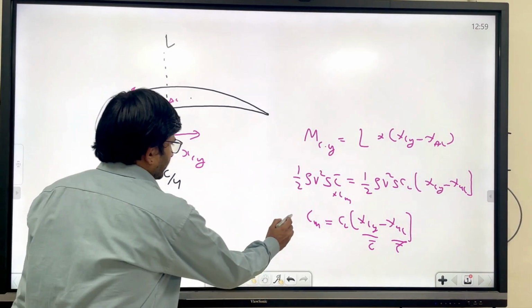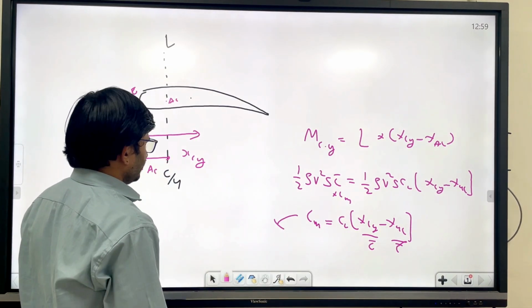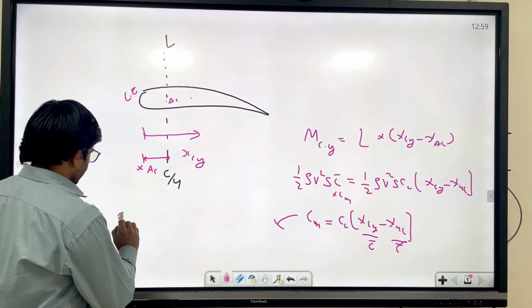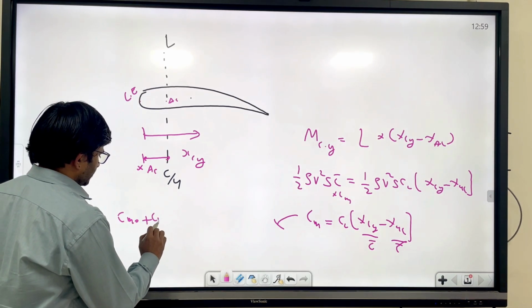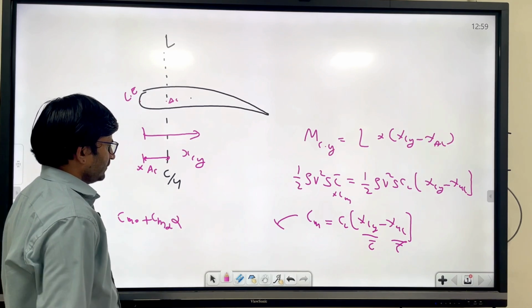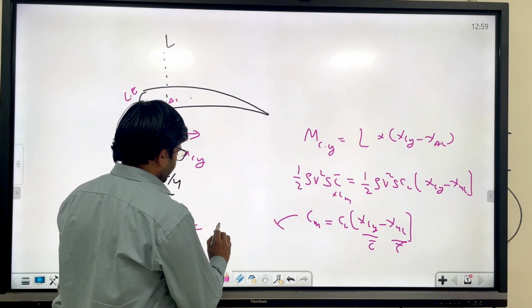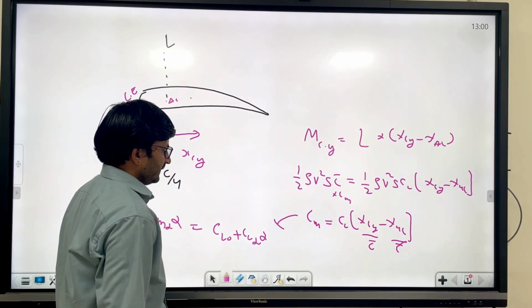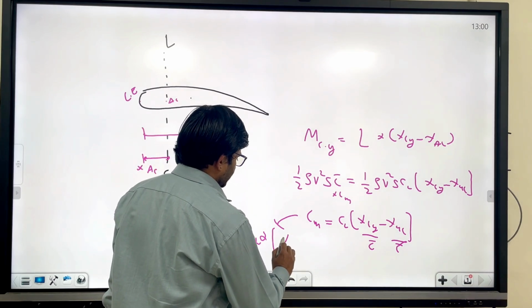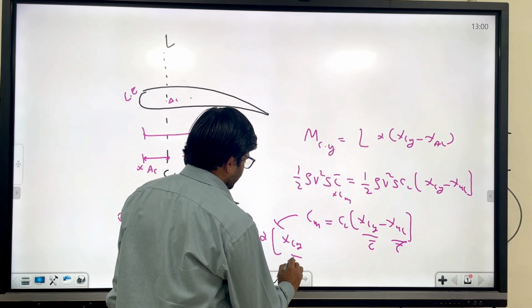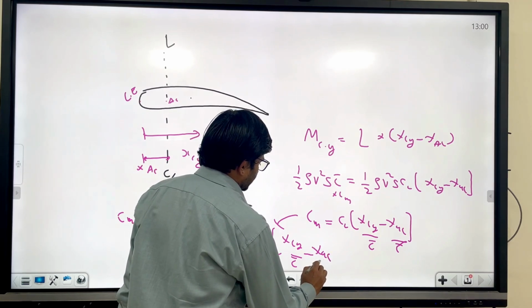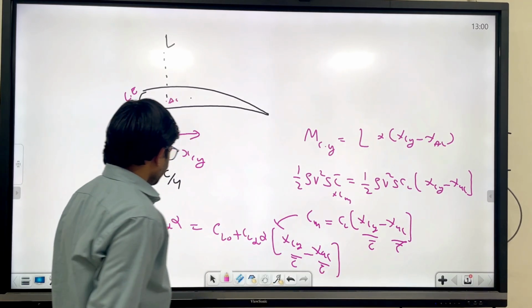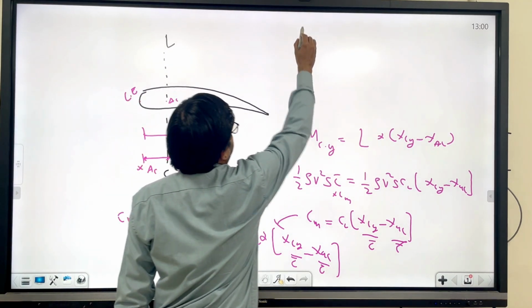We can further break Cm into Cm naught plus Cm alpha into alpha, and CL into CL naught plus CL alpha into alpha, times XCG by C bar minus XAC by C bar.